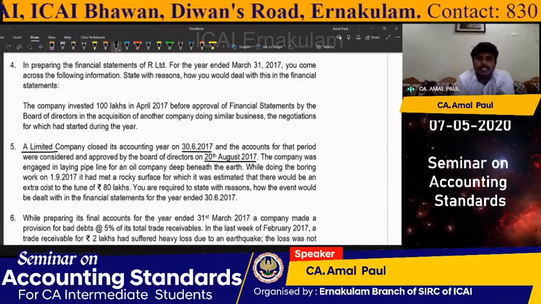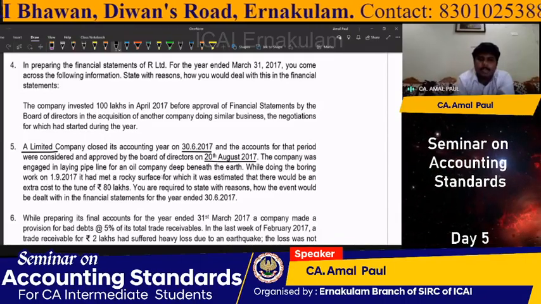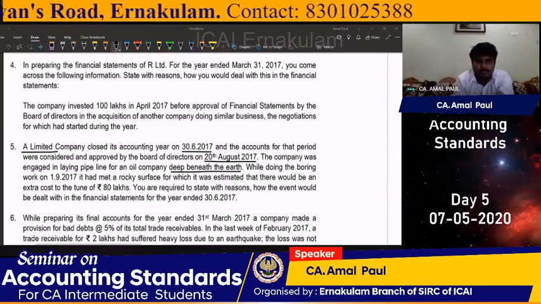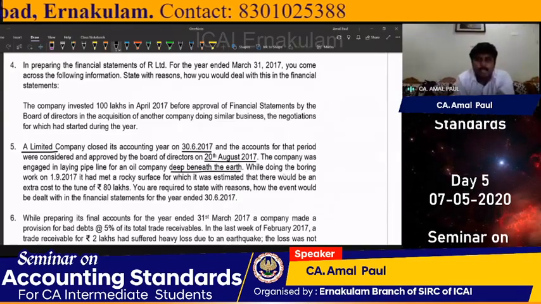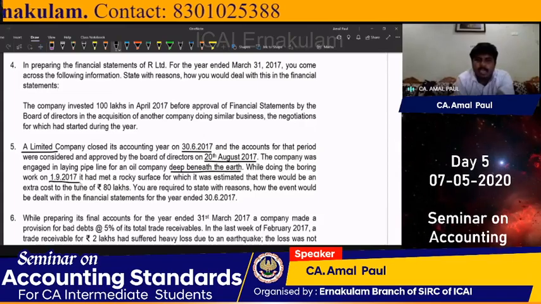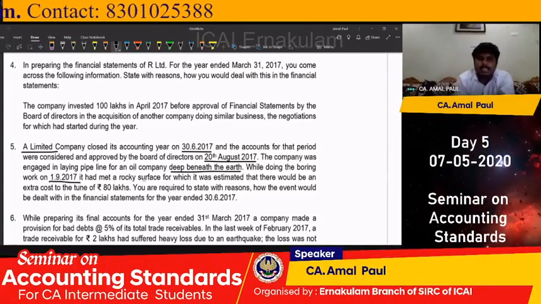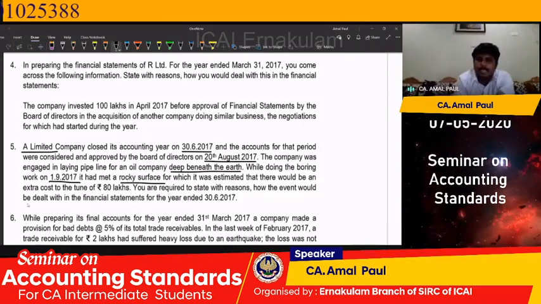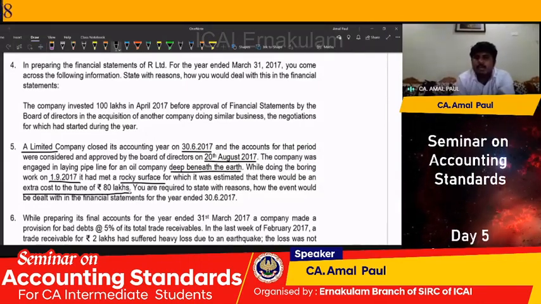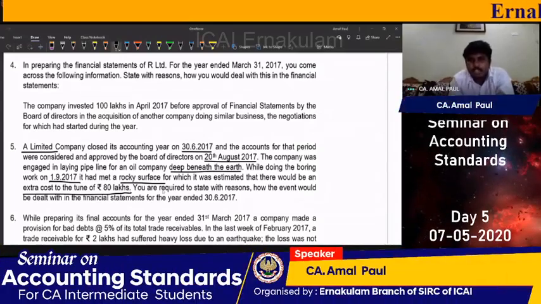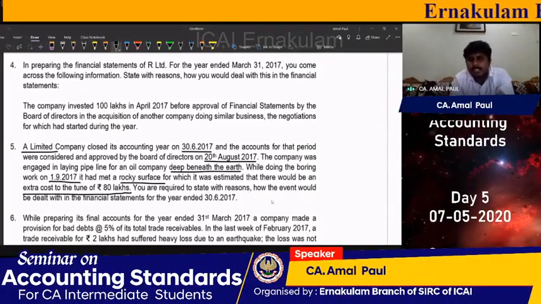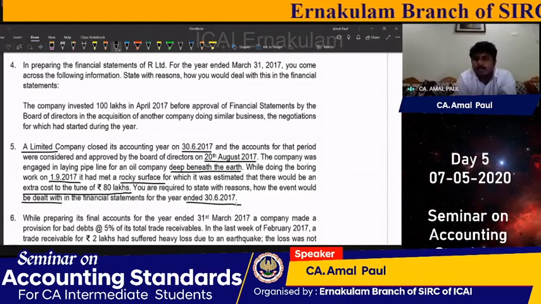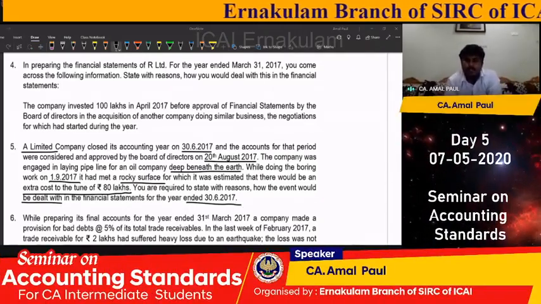The company was engaged in laying a pipeline for an oil company deep beneath the earth. While doing the boring work on 1/9/2017, they met with a rocky surface. It was estimated that there would be an extra cost to the tune of 80 lakhs. You are required to state with reason how the event should be dealt with in the financial statements for the year ended 30th June 2017.